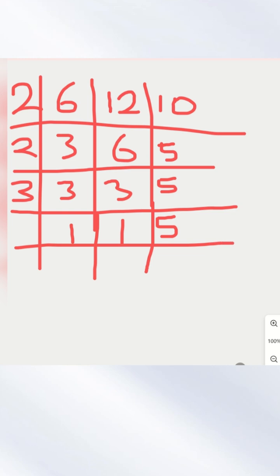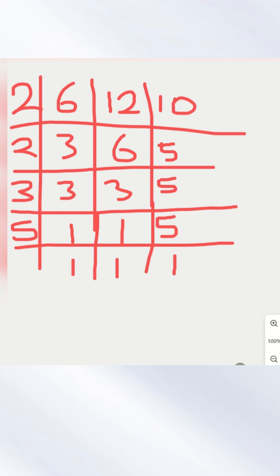Now, I have only 5 remaining. Let me use 5 to divide. 5 into 1, I'll just bring down 1, and 5 into 5 is 1. Now that I've reached 1, 1, 1, I have divided it to the full.